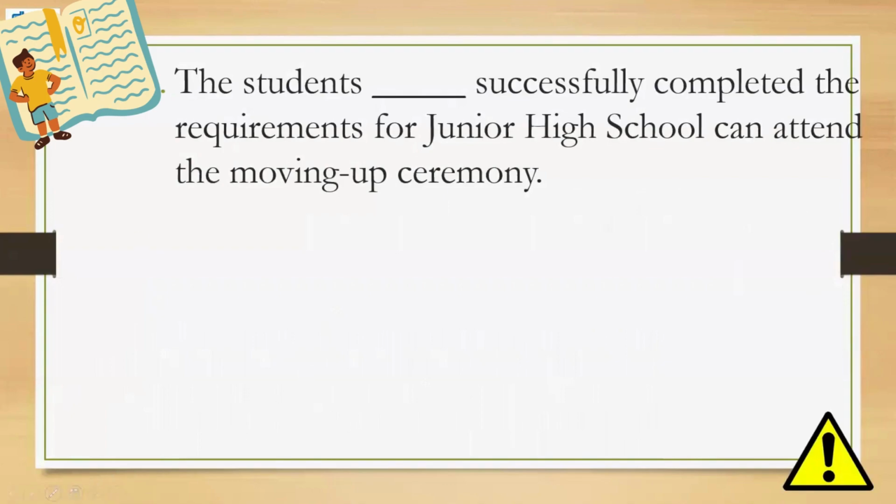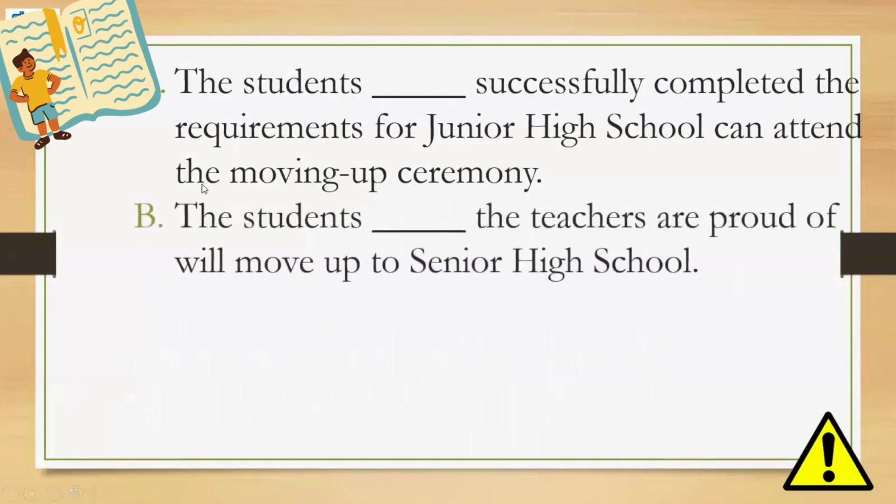The correct answer is, well, before that, let's check another sentence. The students blank the teachers are proud of will move up to senior high school. Now the question here for letter A, the correct answer is, can you tell me? The correct answer is who.